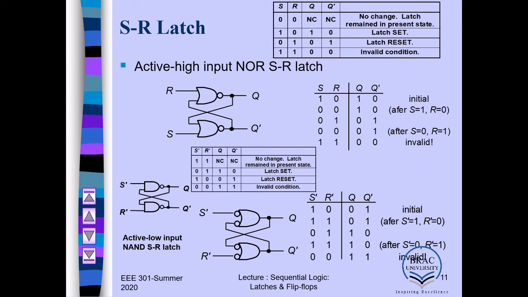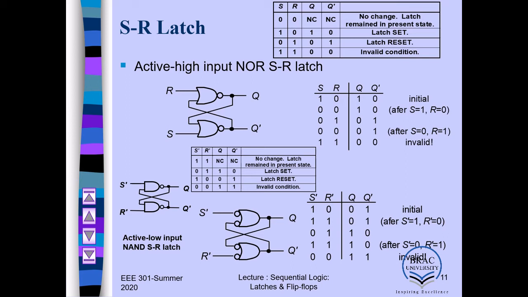So this is our SR latch, the active high input NOR SR latch, and this is the active low input NAND SR latch. If you look at the table here, it works based on the characteristic table I already showed you in the previous slide.